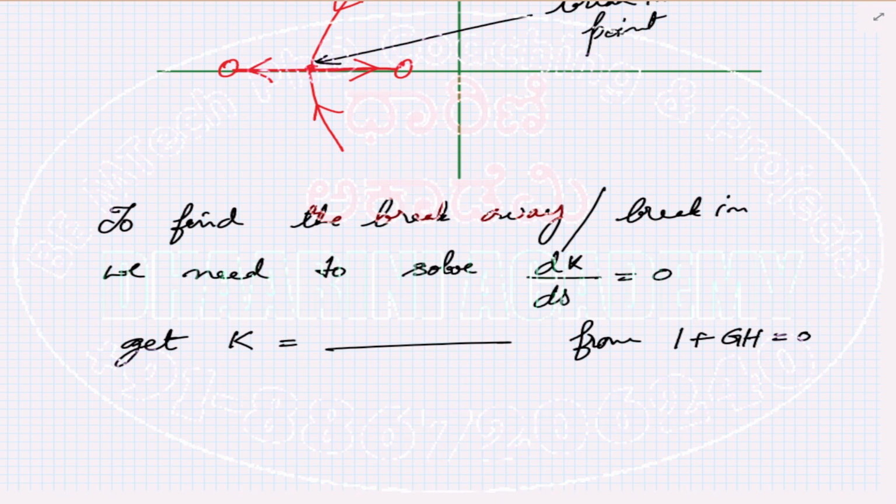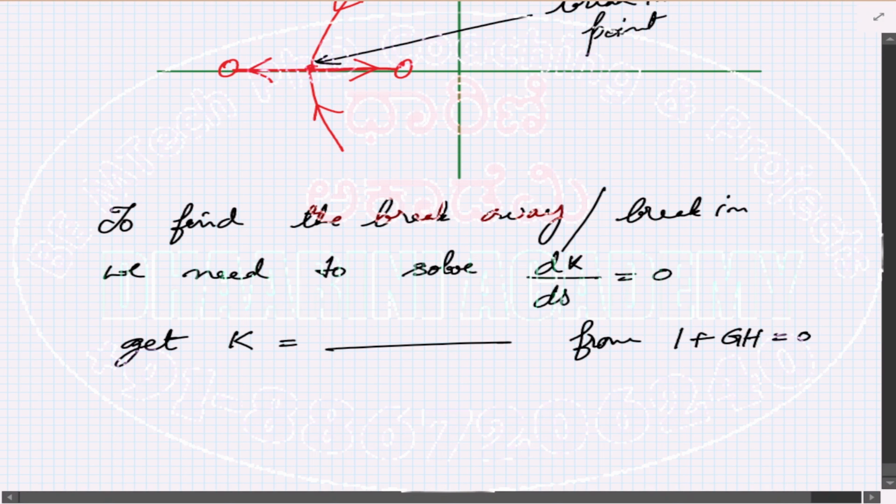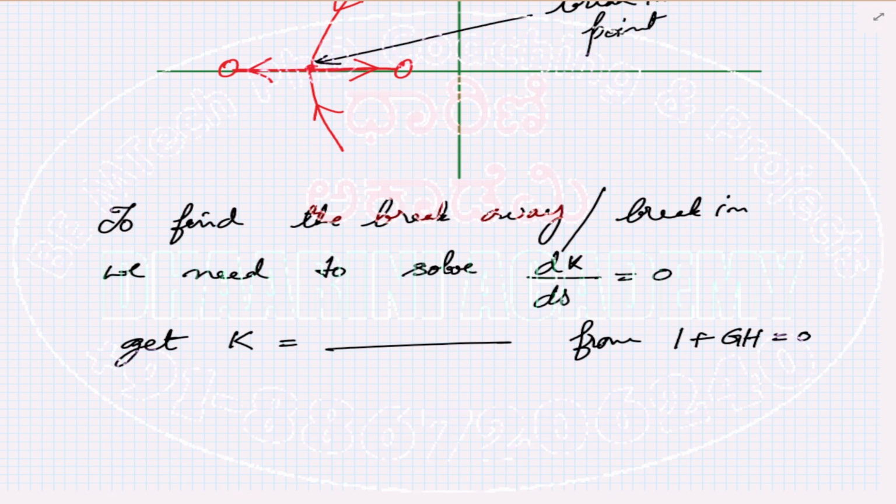We already know that the product G into H will always have a k over there. So from that, get the equation for k. Write the equation for k, differentiate that with respect to s. Whatever you get as an answer after differentiation, equate that to 0 and solve.